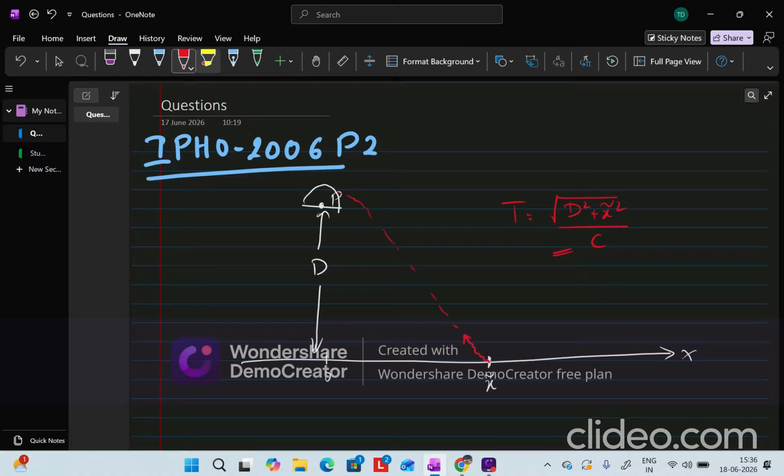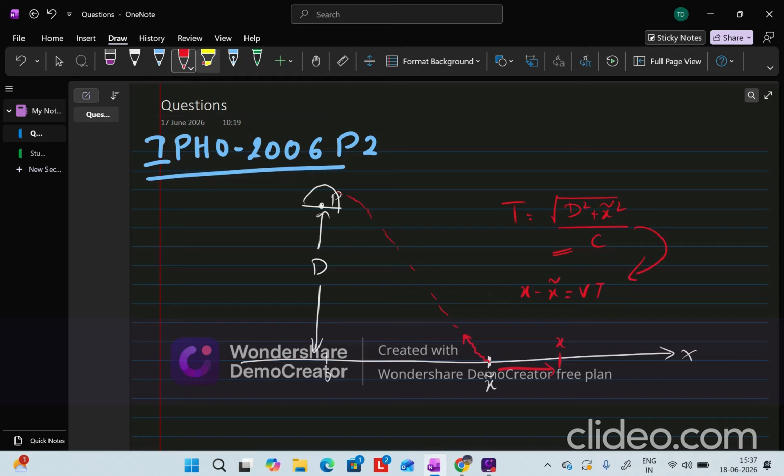Now, by the time the light signal reaches the pinhole, the particle travels some distance and reaches some other point x. Hence I can say that x minus x tilde is equal to vT.